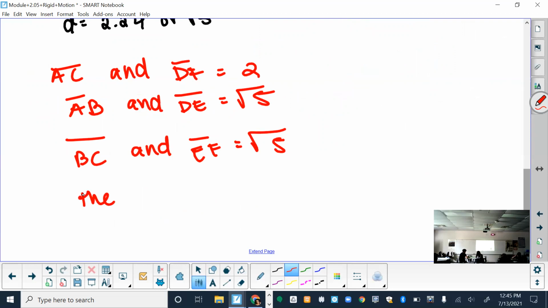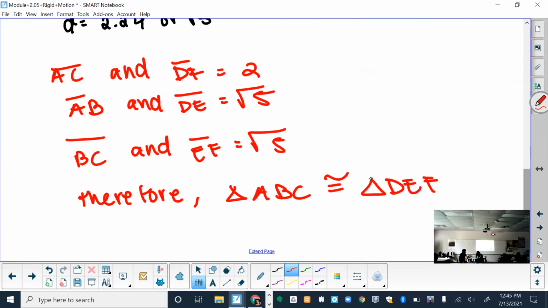Therefore, triangle ABC is congruent to triangle DEF by SSS, by side, side, side. So by having three corresponding sides all equal the same thing, then we can say that it is congruent.